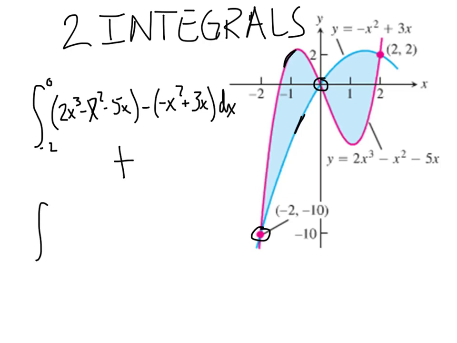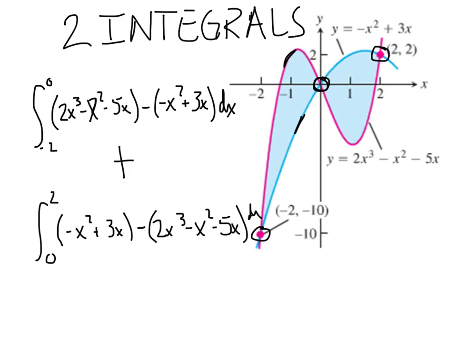Plus, the second integral is going to go from x equals 0 up until x equals 2. And this time, the quadratic is the upper function, and the cubic is the lower function. So just using lots of parentheses here, I'm trying to stay organized, very deliberate and detailed here, and finish with a dx. And the sum of those two integrals would be our final answer.